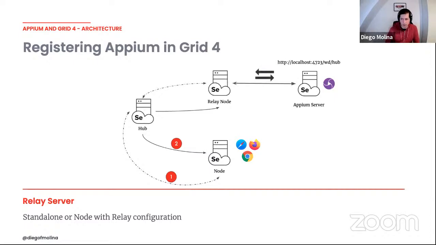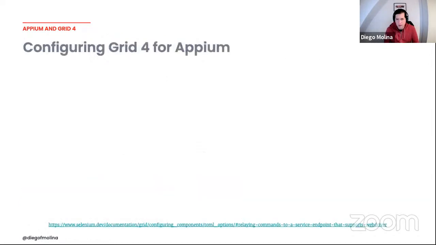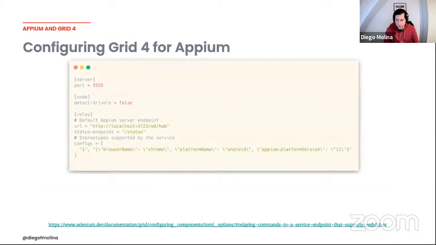In this case, we're going to have an Appium server, and I'm going to demo this in a moment so you can get a better idea of that. The cool thing is that when you configure Grid for Appium, for example, you have to specify things like where the Appium server is located, what the status endpoint is, and the configuration that the server living on this address will support.